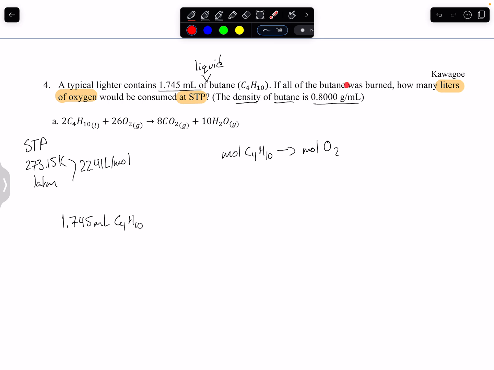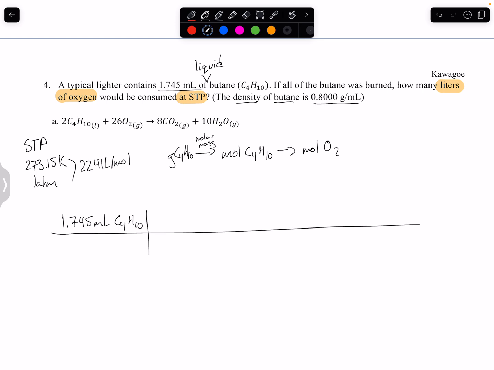That density is important because look, that density lets me convert between milliliters and grams. So I have milliliters of butane right now, but I know that if I get to grams of butane, I can use molar mass of butane to calculate the moles. So to get to grams first, I have to use my density.